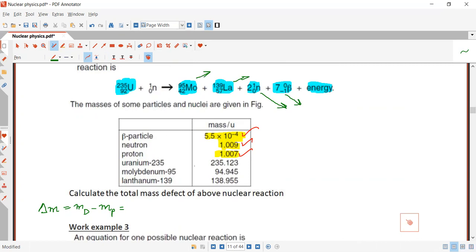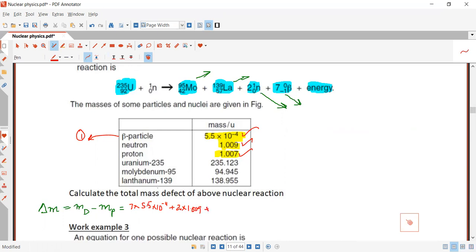So let me sum them up all. So it's going to look like this. Seven beta particles: seven times the mass of one beta particle, given in the table, first option, right? So 7 times 5.5 times 10 to the power negative 4. All masses are given in U. Plus 2 neutrons, 2 times 1.009.